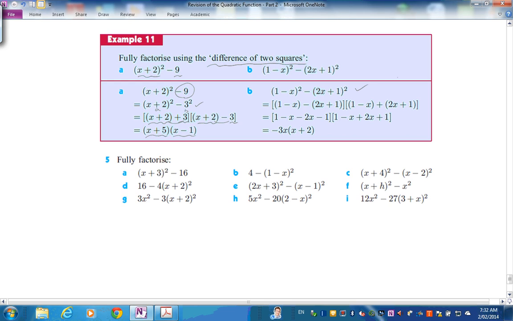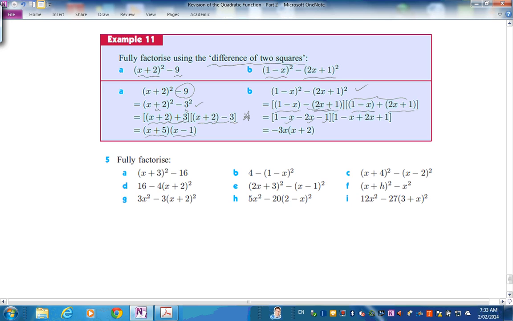What about this one over here? Well, you can see it's already a square minus a square. So what's the pattern? It's the first take the second, first plus the second. It doesn't matter which order you put them in. You can put the first plus the second first, which is what I usually do, and that's what they've done over here, and then first take the second. Okay, simplifying this, 1 take x, then negative, that's take 2x, take plus 1 is neg 1.